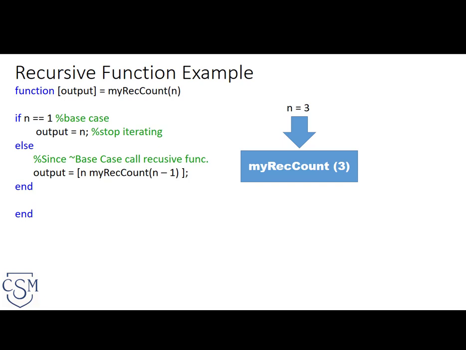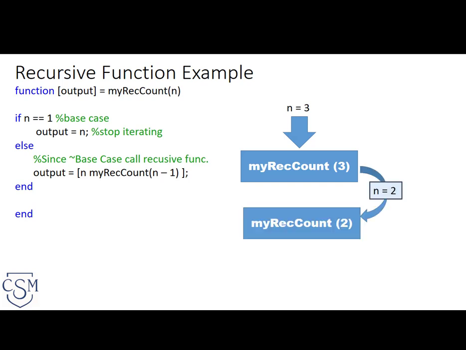Well, no, n is 3. This is not the base case, so it'll go in the else part of this if statement, and it will say output equals n, so n in this case is 3, and then my recursive count n minus 1. So before it finishes running this function, it's going to call itself with n equals 2.